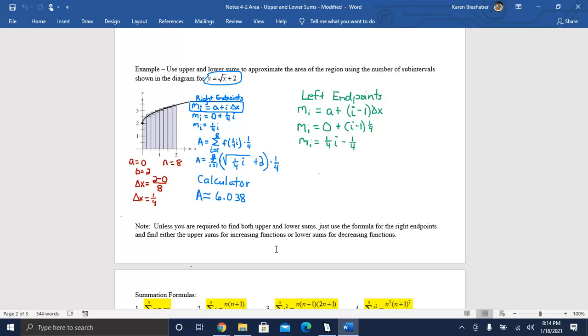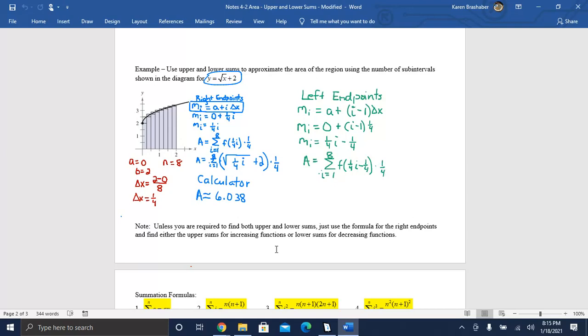And so that is what I substitute in as I do my area approximation. So area is going to equal the sum from i equals 1 to 8 of f of 1/4 i minus 1/4, and then times my delta x, which was 1/4.